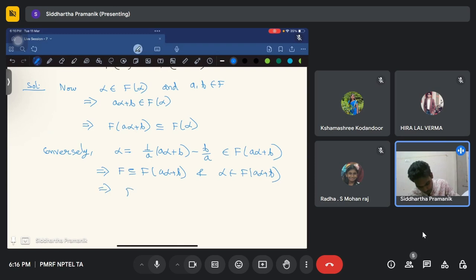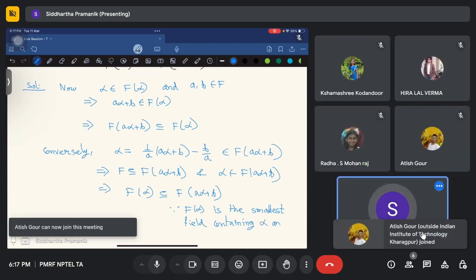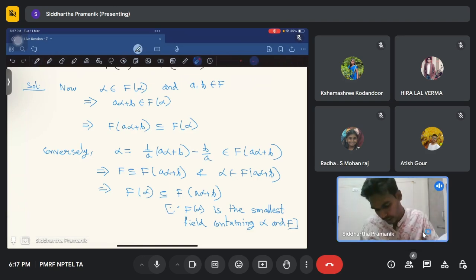So that will imply F(alpha) is a subset of F(A alpha plus B), because F(alpha) is the smallest field containing alpha and F. So we have both the containments.